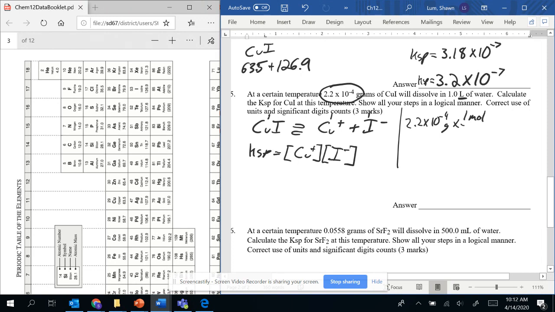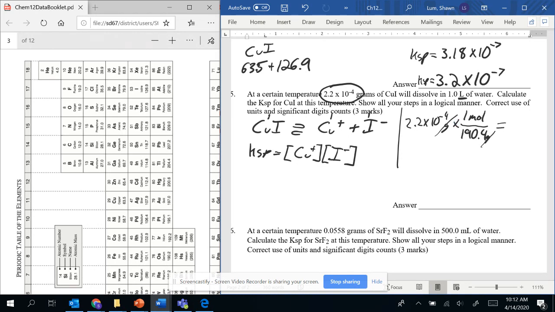So the molar mass of these two things, I go 63.5 plus 126.9 equals 190.4 grams. Grams is going to cancel out, and that's going to equal our moles.